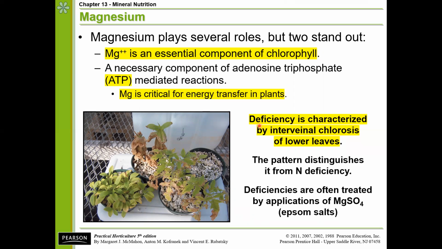We're going to see this time and time again, but it distinguishes it from nitrogen deficiency in that it's in between the veins, interveinal, whereas for nitrogen, it's the whole leaf.